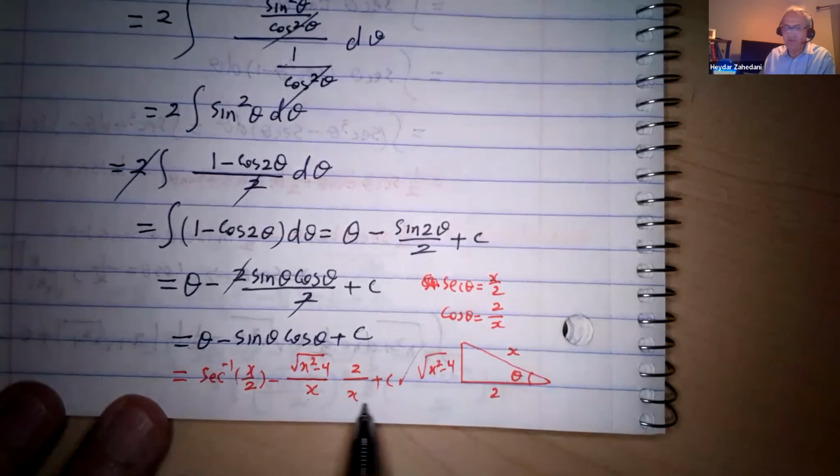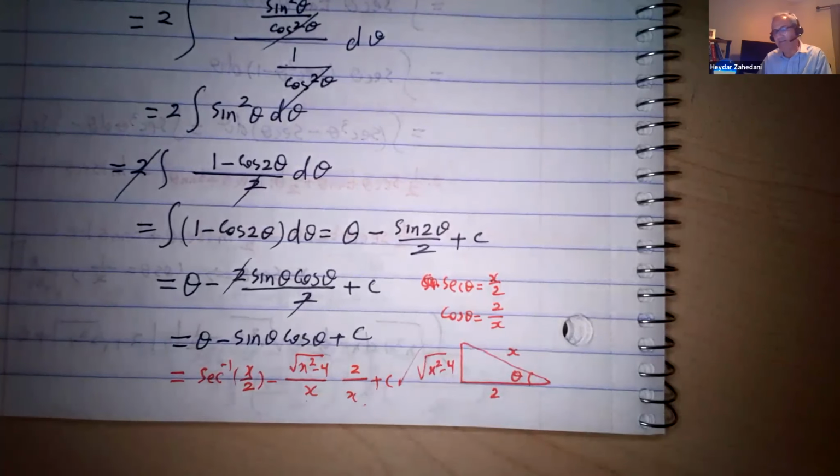The final answer, x times x would be x squared. So the final answer would be secant inverse of x over 2 minus 2 radical x squared minus 4 over x squared. As you can see, when there is a coefficient divided by x squared, the operation is much easier.